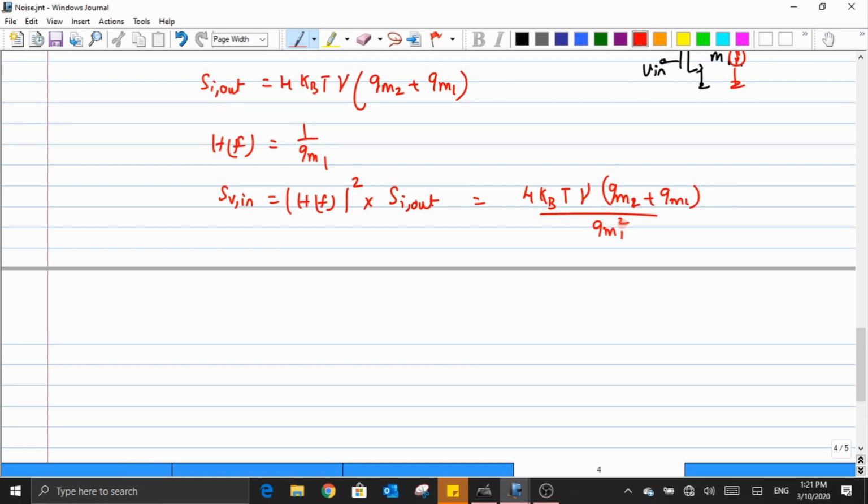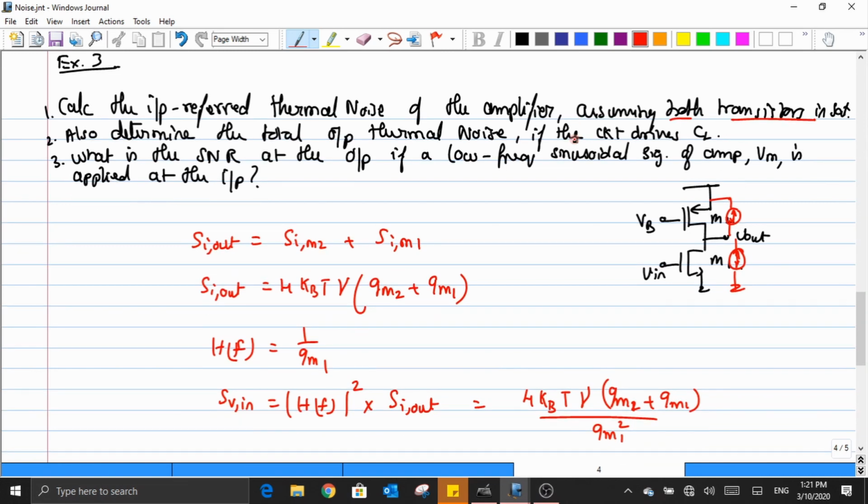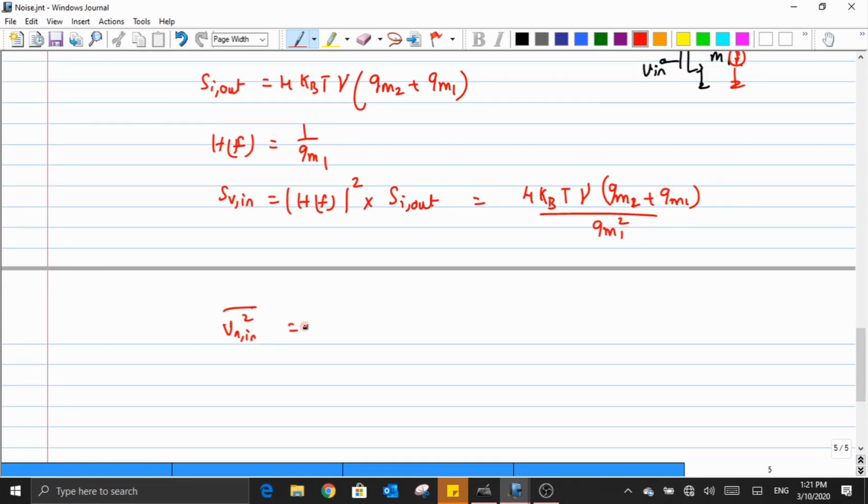Since nothing is specified in terms of frequency band, the band that I am going to assume here is 1 Hertz. And since the SV in is completely independent of the frequency term, I can pull it out, and when I do this integration, I would get f2 minus f1, and this bandwidth I am going to assume as 1 Hertz.